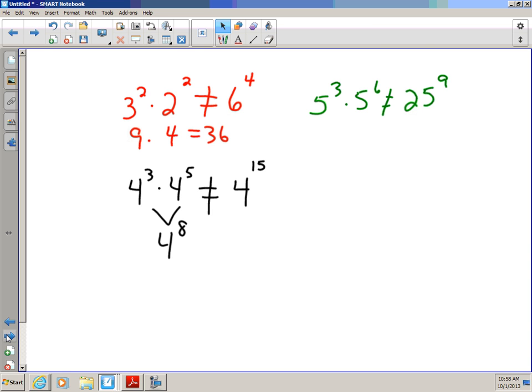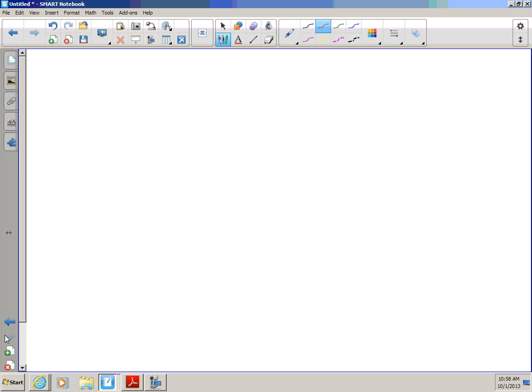Now, one other thing that you can do, if you see how to manipulate these numbers, is suppose I said to you, rewrite 2 to the third times 4 squared as the product of a power with one base. Well, right now, as it's written, this doesn't do us any good because it's 2 to the third and 4 to the second.